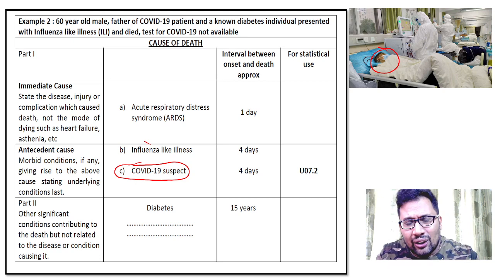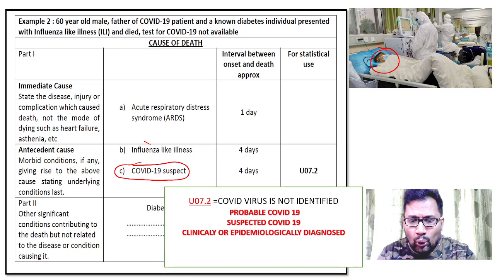You can see here U07.2, that is for when the COVID virus is not identified, or a probable or suspected COVID-19 patient, test negative but clinically, epidemiologically diagnosed case of COVID-19.